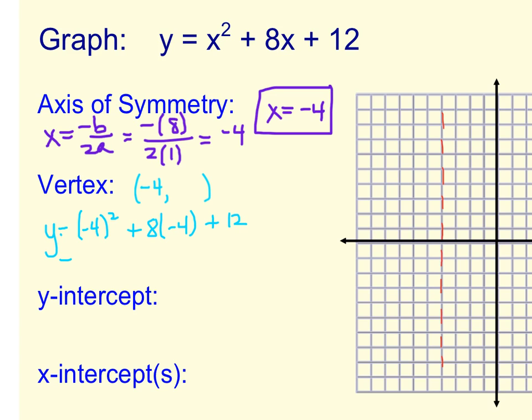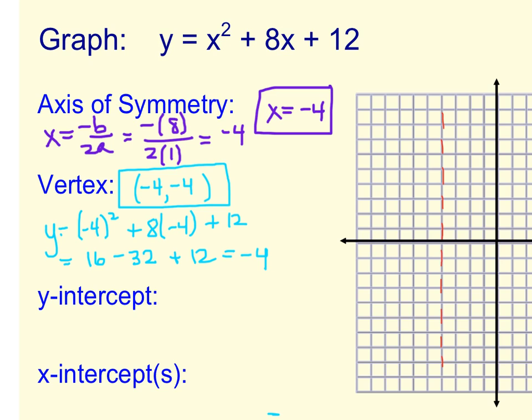Negative 4 squared is a positive 16. 8 times negative 4 is a negative 32, plus 12. 16 minus 32 is negative 16. Negative 16 plus 12 is negative 4. So our vertex has the ordered pair negative 4, negative 4.